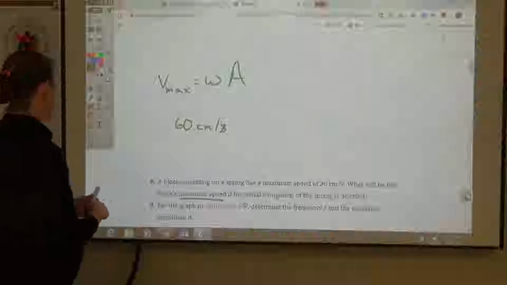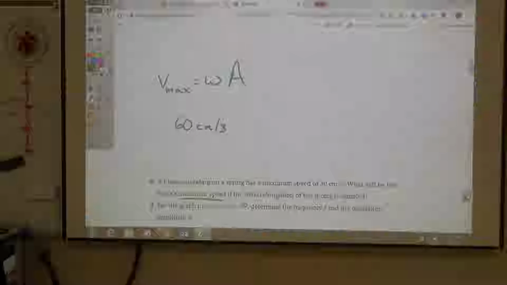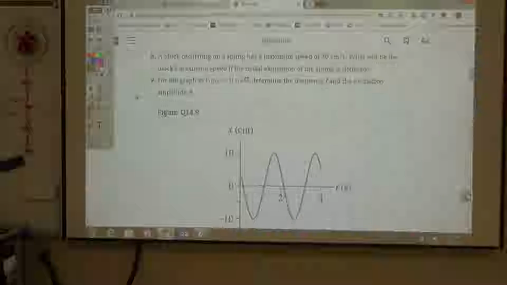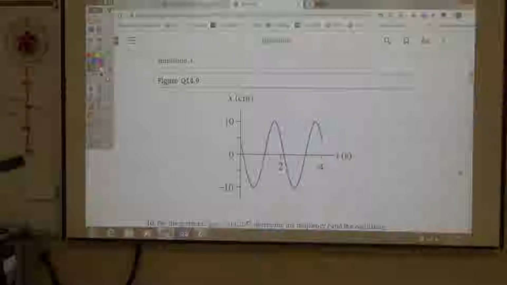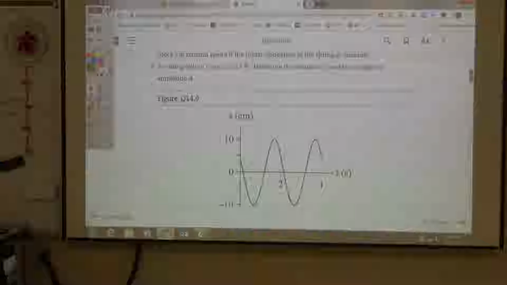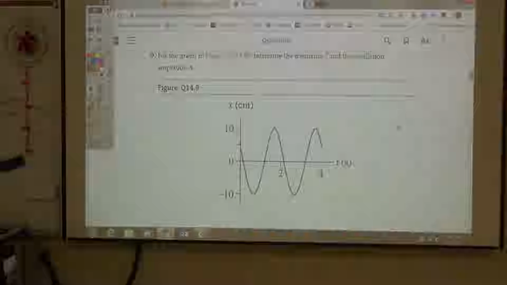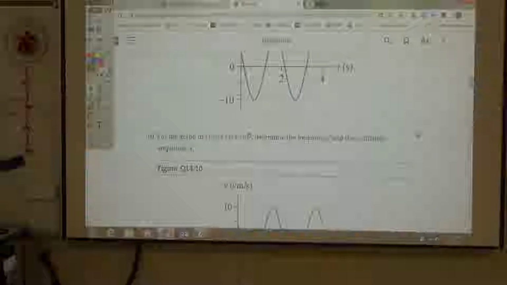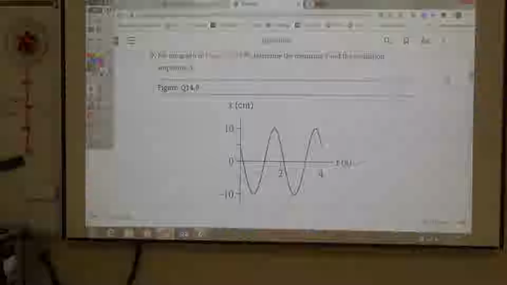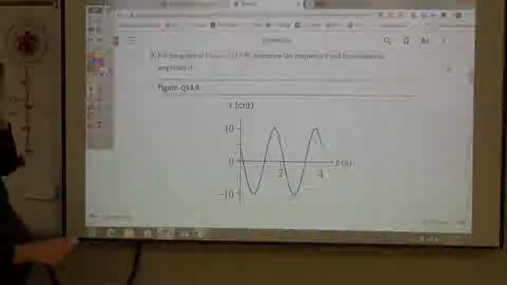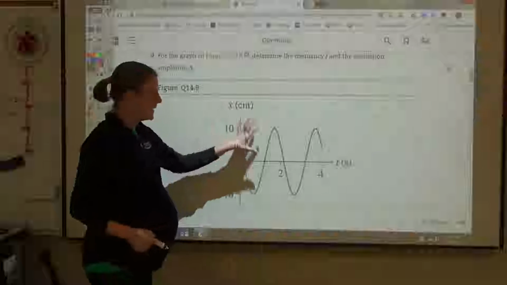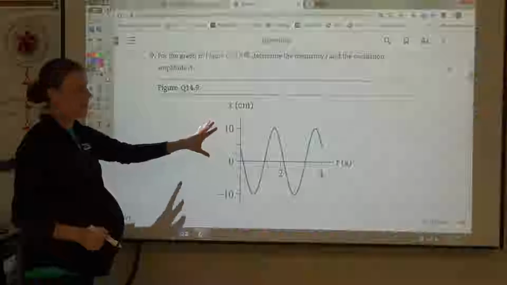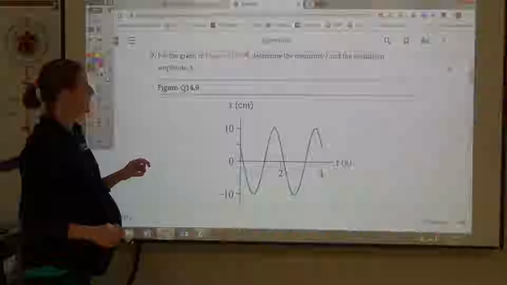Okay, let's scroll down to the graph. All right, number 9, graph questions, great to understand for simple harmonic motion.